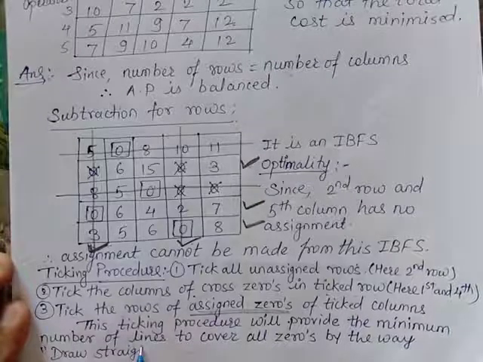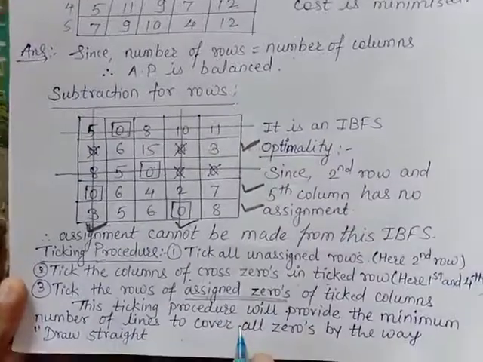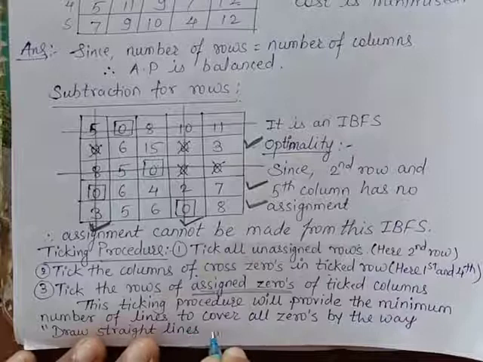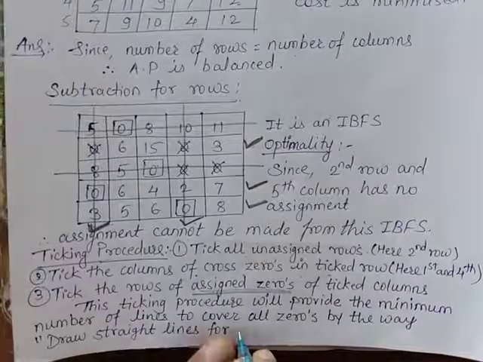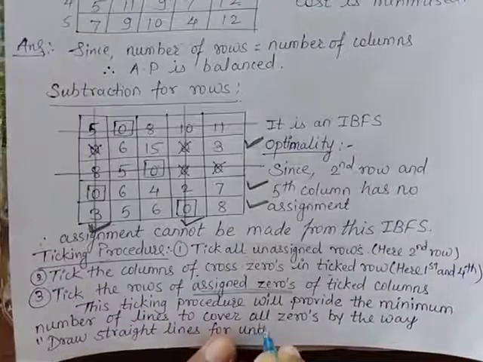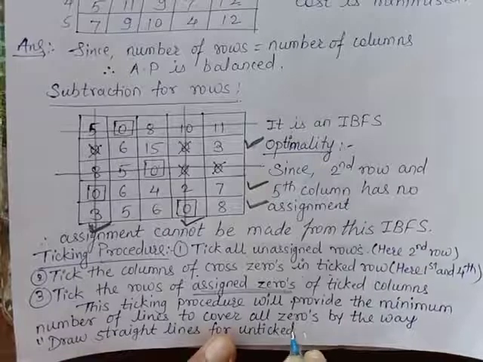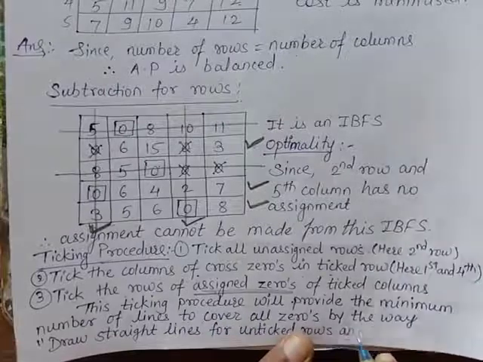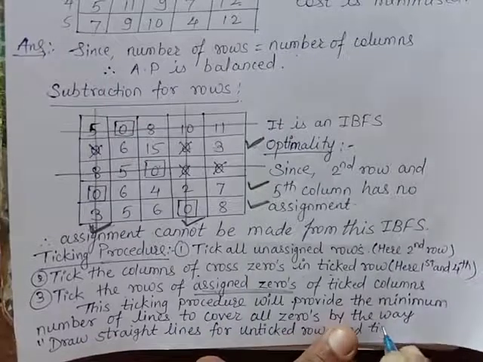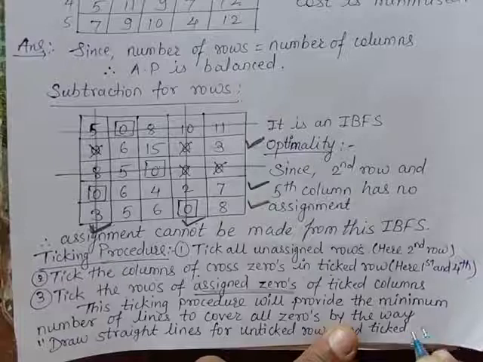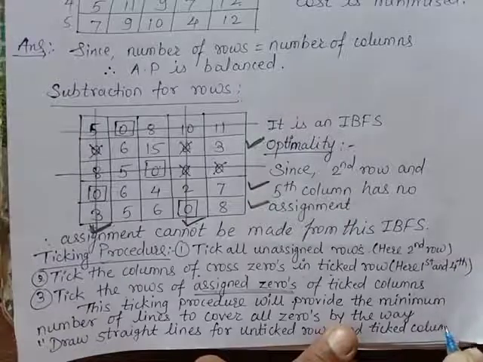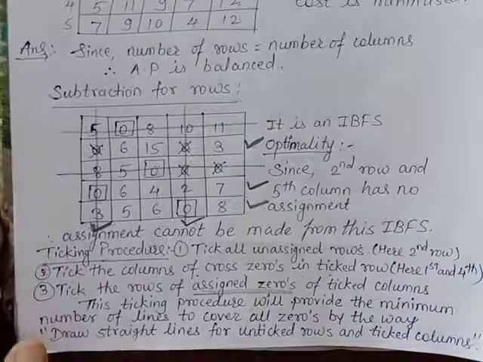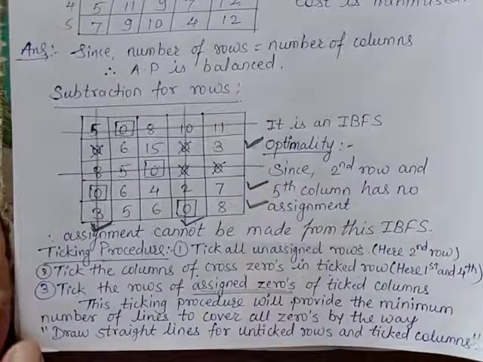Draw straight lines for unticked rows and ticked columns. Ticked columns. This is very important.